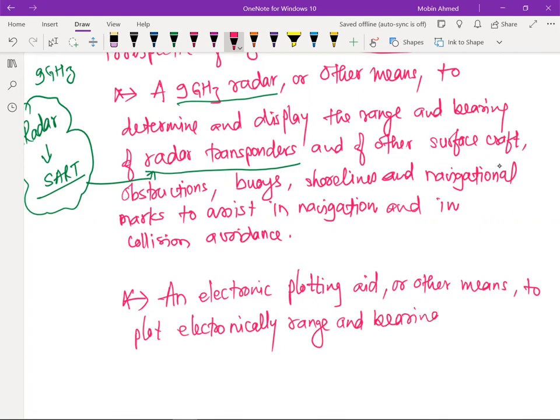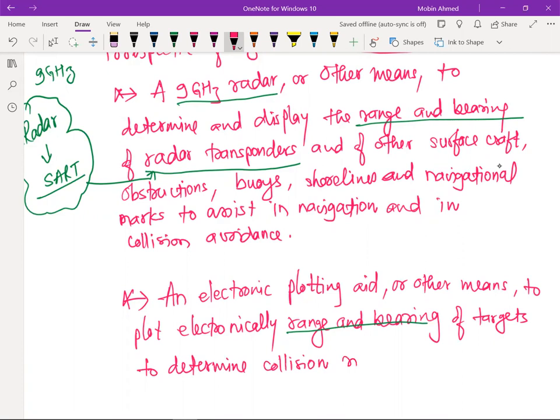Now this word will come again and again: range and bearing. Always this word is going to come, like it is coming there also.